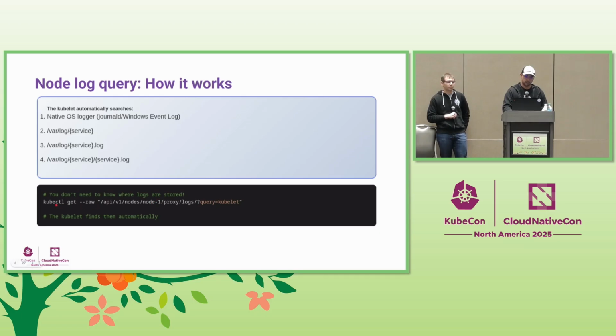This is how you can use it. Right now, you do kubectl get --raw, and you add the proxy logs endpoint. You add the query option, and in this case, I'm querying a service with the name kubelet. I'm targeting a node where the name of the node is node-1. Behind the scenes, there is a separation in behavior between how it works on a Linux node and on a Windows node.